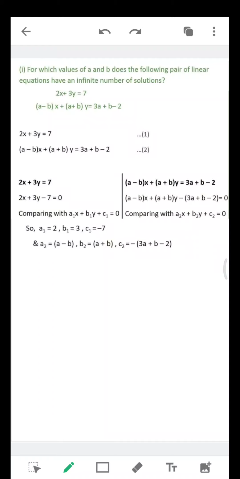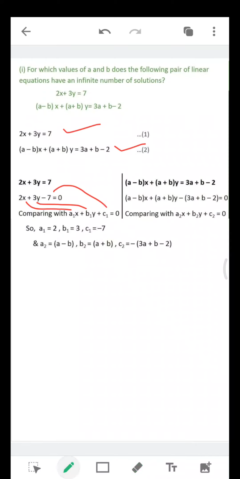For that I'll compare both equations, equation 1 and equation 2, with the standard form. If I compare this with a1x plus b1y plus c1, a1 is nothing but the coefficient of x, that is 2. b1 is the coefficient of y, that is 3, and c1 is the constant, that is minus 7.